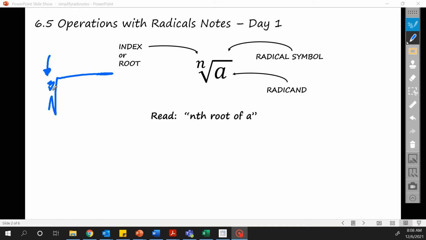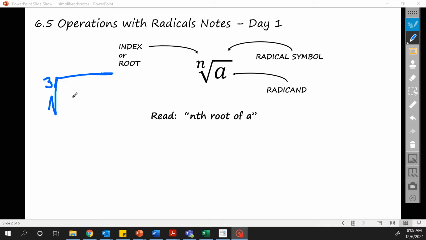So in the case of a cubed root here, we would be looking for 3 of the same factor. We need 3 of the exact same factor underneath the radical symbol so that we can bring that number to the outside of the radical symbol.